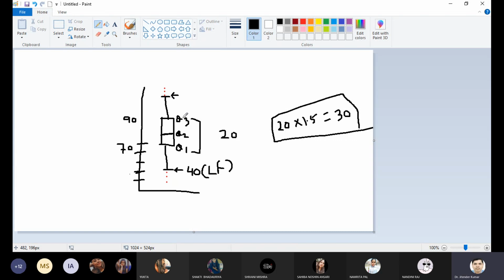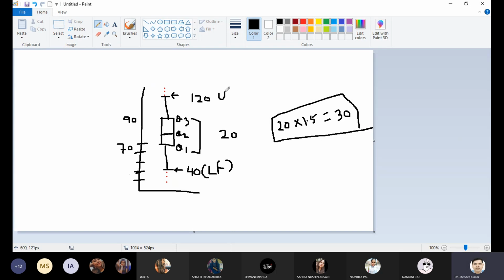Similarly upper fence में जाओगे, so Q3 के ऊपर जा रहा है, so Q3 में आपको ये ऐड कर देना है. तो लोअर फेंस के लिए Q1 से सब्ट्रैक्ट करना है और अपर फेंस के लिए Q3 में ऐड कर देना है. तो 90 plus 30, 120.